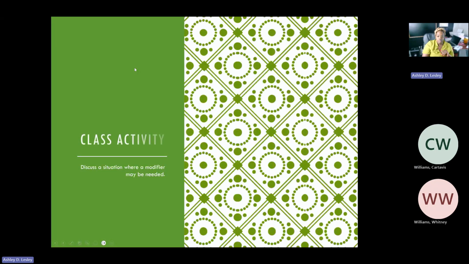All right. So looking at the modifiers that we talked about, what situation do you think warrants a modifier? I'm trying to think of a good situation. Actually, scratch that.